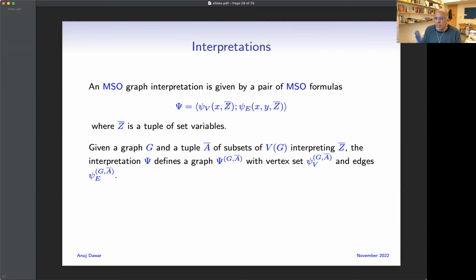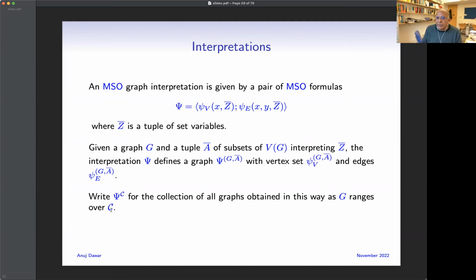Given a graph and an interpretation for the free variables, we get a new graph whose vertices are the elements satisfying psi v, and whose edges are the pairs satisfying psi e. To make it an undirected graph, you can take the symmetric closure of this set. That's fine, because I said we would be dealing with undirected graphs only. So this is how you define from one graph another using an MSO formula. That's an interpretation.